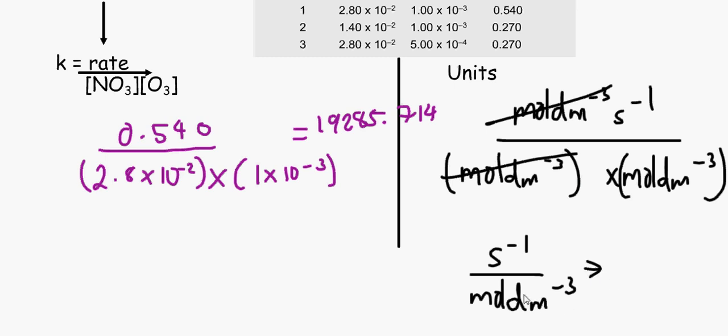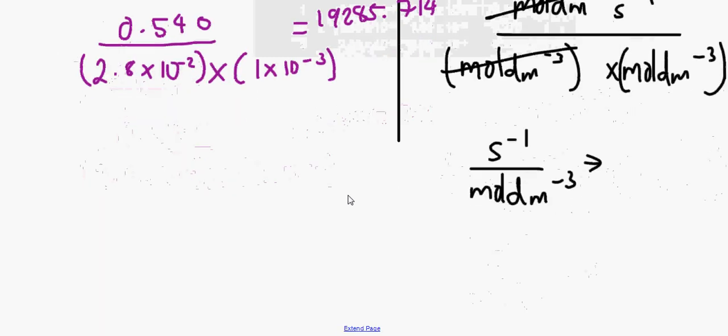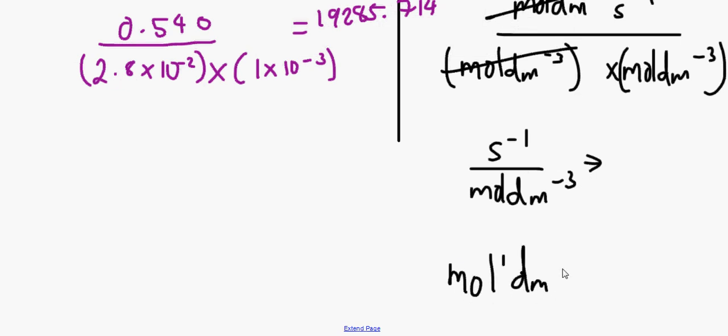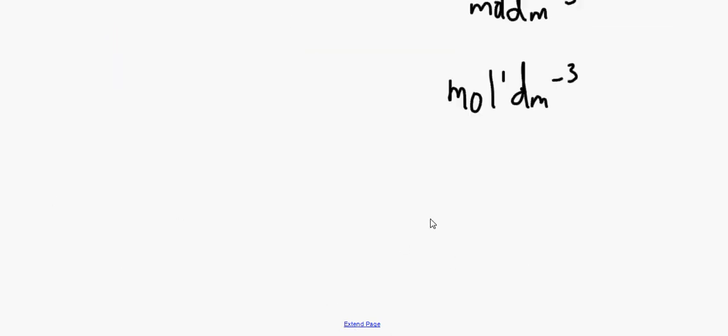Now, to bring this on top, all we've got to do is invert the powers. So mole is essentially mole to the power of 1, dm to the power minus 3. We flip the powers over, so that would make mole to the minus 1, dm to the 3, and then we just put the s next to it, s minus 1.